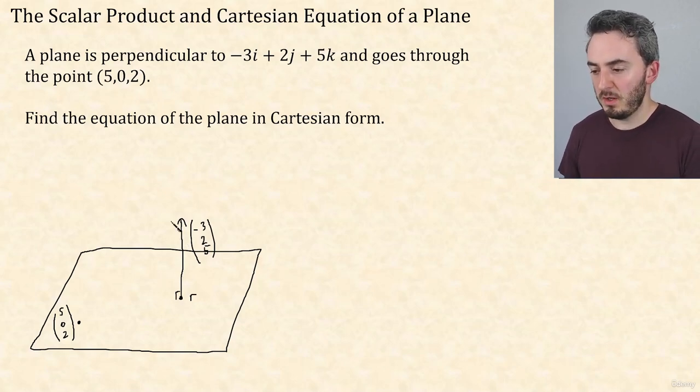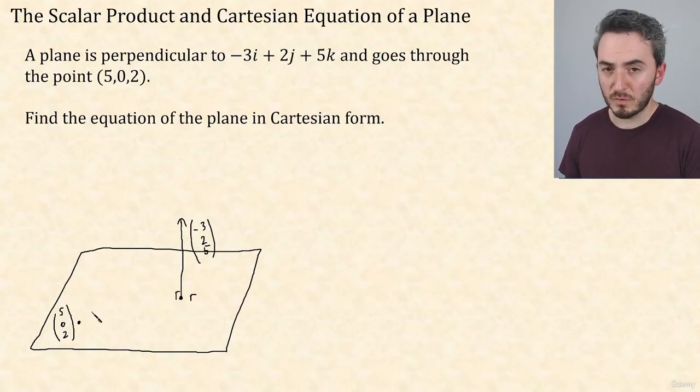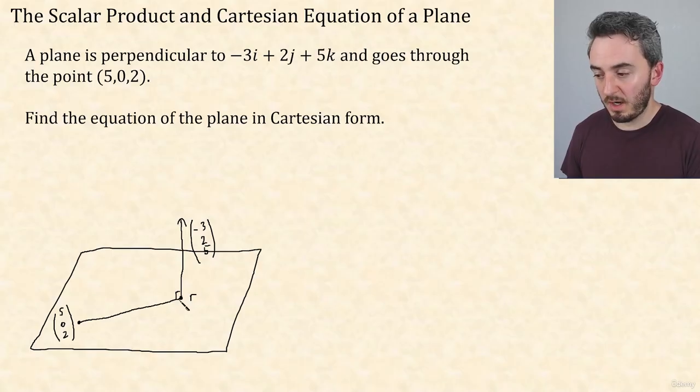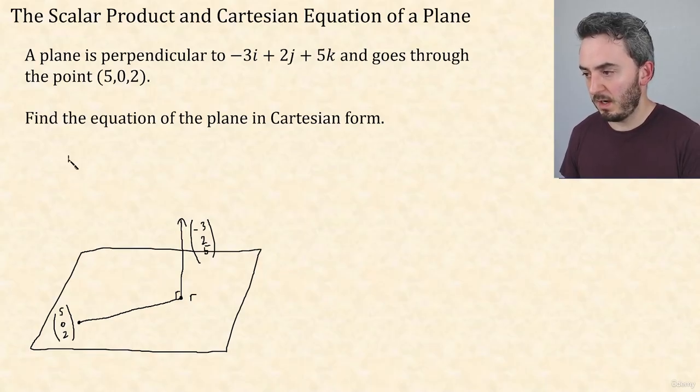So what do we know? We know that this vector is perpendicular to the plane, and therefore it's perpendicular to any vector that sits on the plane, including this vector here. That vector is the one connecting R to the point 5, 0, 2. So what is that vector there? Well, that vector is simply R minus 5, 0, 2.